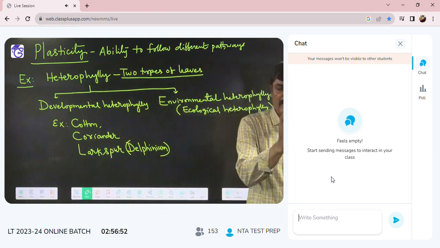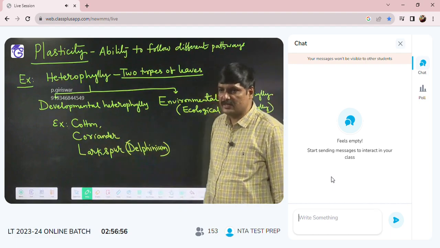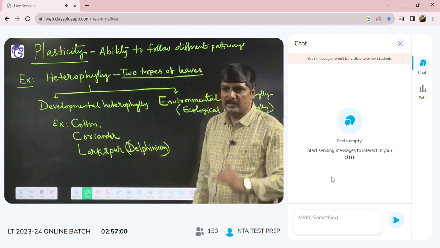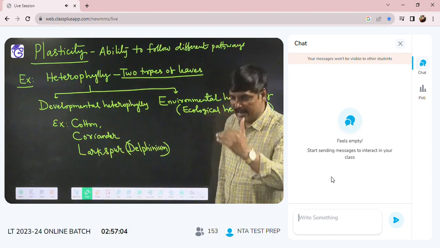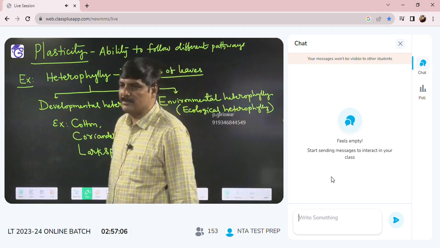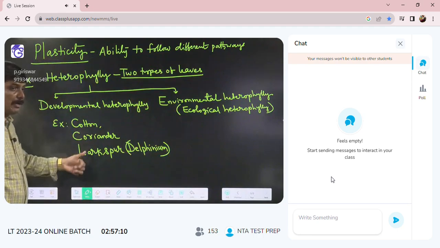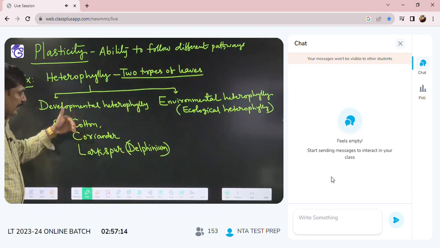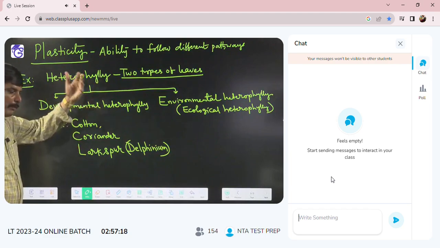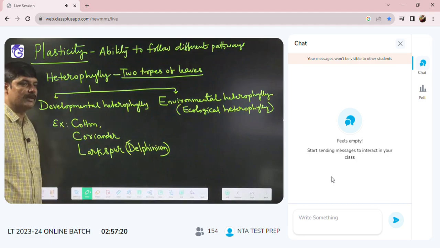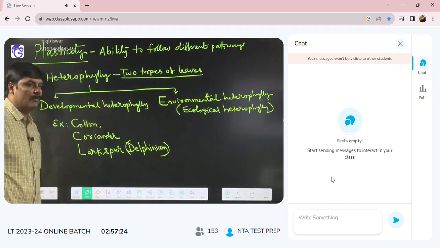One type of leaf is present in the young stage, and in maturity the shape of the leaves changes. So two types of leaves depending on the development. This is due to developmental changes. This is called developmental heterophily.